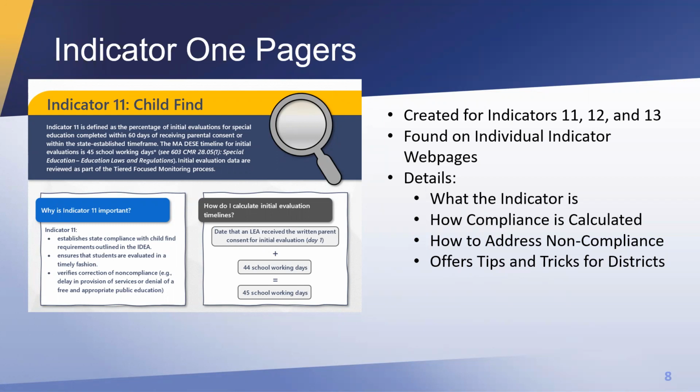They go over what the indicator is, how compliance is calculated, and what will happen if there is non-compliance found for a specific indicator, much like Liza had talked about. You would work through corrective action plans with your public school monitoring liaison, but it provides a step-by-step of what could happen to address non-compliance. And we've also developed some tips and tricks, if you will, for districts that would be helpful to ensure that you are compliant in your indicator 11 through 13 records when you do go through tiered focus monitoring.